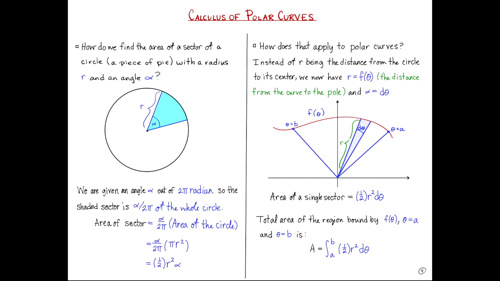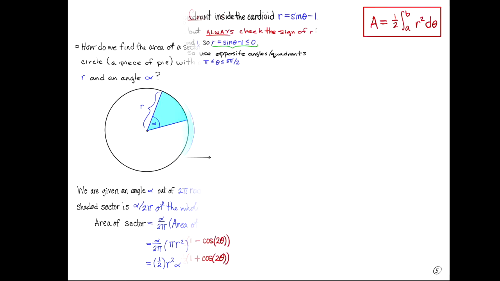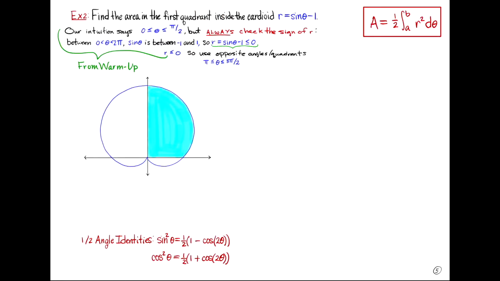Let's try an example. We're looking for the area in the first quadrant inside the cardioid r equal to sine theta minus 1. This is the same curve from our warm-up exercise.